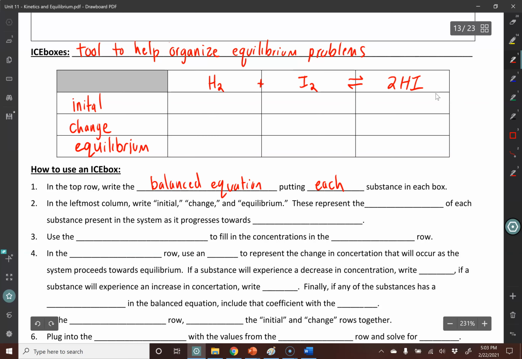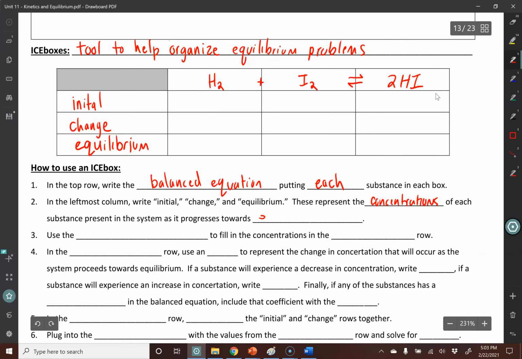This is why they call it an ICEbox, ICE. These are going to represent the concentrations of each of our substances, our reactants, and our product as the system progresses towards equilibrium.